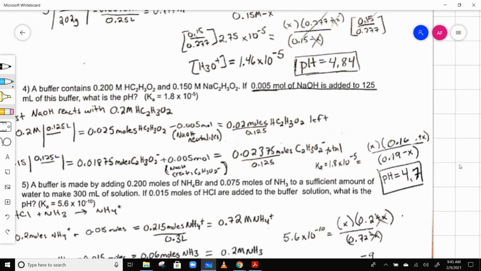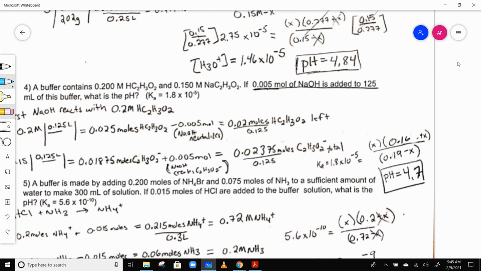I didn't even really show all the work for that, but you're getting rid of these here and here, just multiplying 0.19 over 0.16 on both sides, and you'll get the pH to be 4.7. So when we're adding the base, it's going to react with the acid, so the acid is going to be subtracted, and the acetate ion is going to be added.